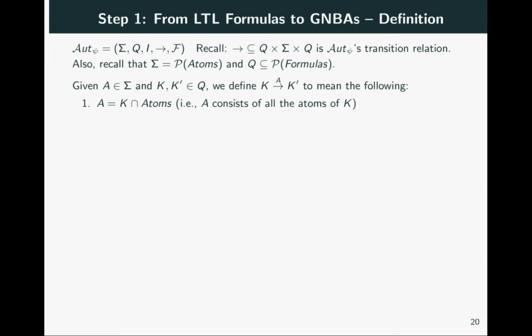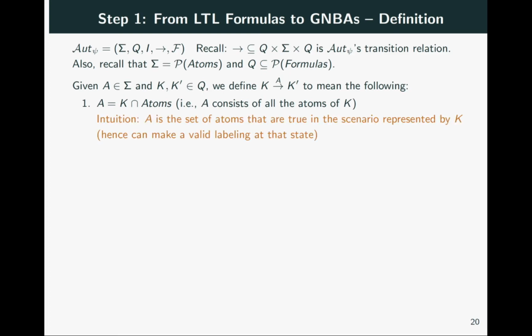First, A is the intersection of K with the set of atoms, meaning that A consists of exactly the atoms in K. K may contain other formulas as well, and A will consist of exactly the atoms in K. So A is a set of atoms that are true in the scenario represented by K, which makes A a valid labeling at that state for a presumptive infinite sequence.